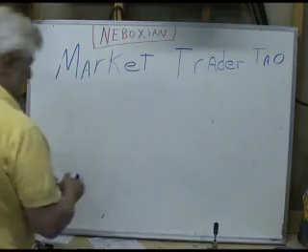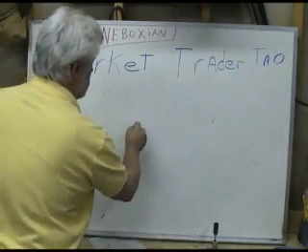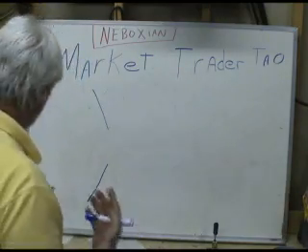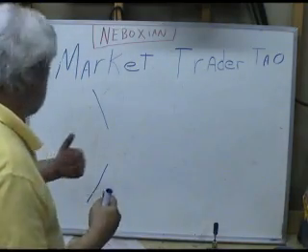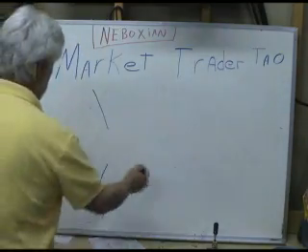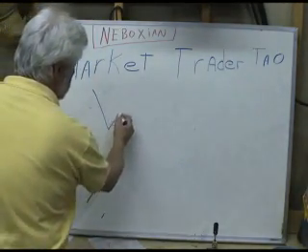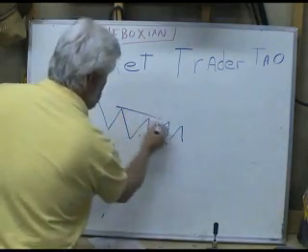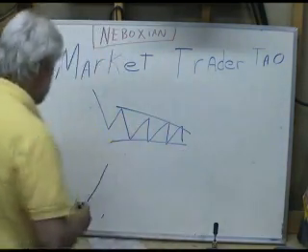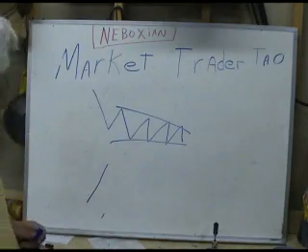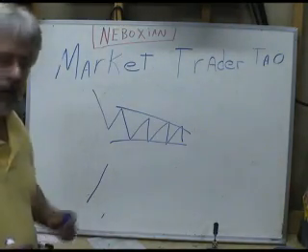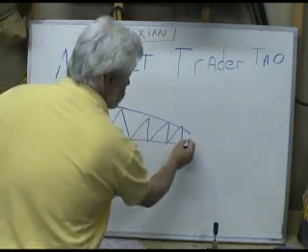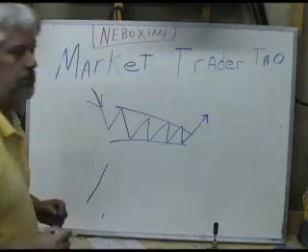If you have a falling wedge, coming down out of a downtrend, then that's considered to be a bullish pattern.